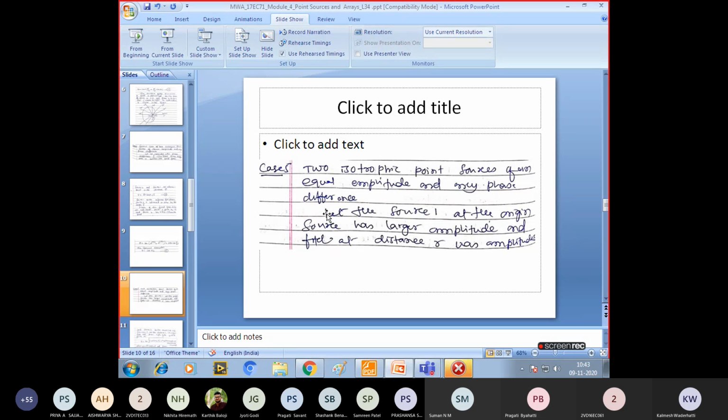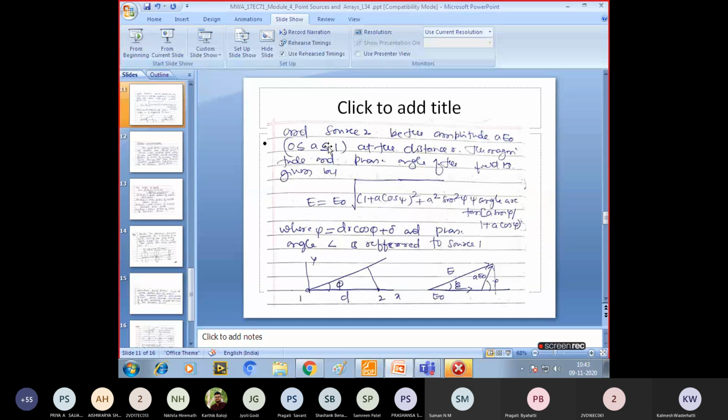The observed field in the far field distance is the most general case of two isotropic point sources of unequal amplitude and phase difference. Here, let us consider source 1 at the origin. Source 1 has a larger amplitude and field at a distance r has equal amplitude, and source 2 has the amplitude a times E naught.